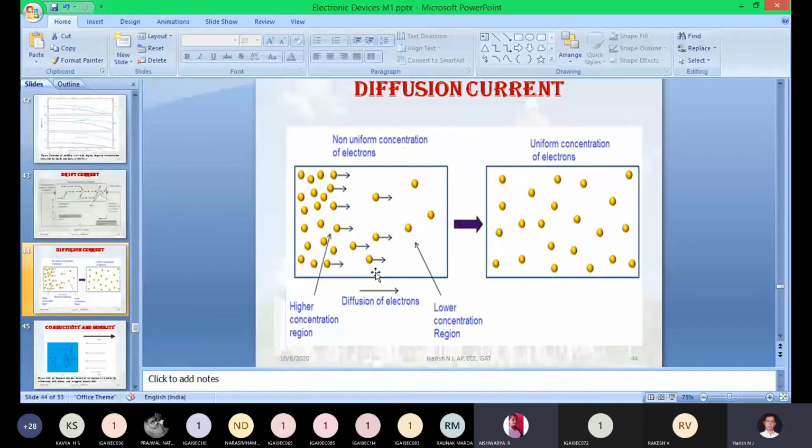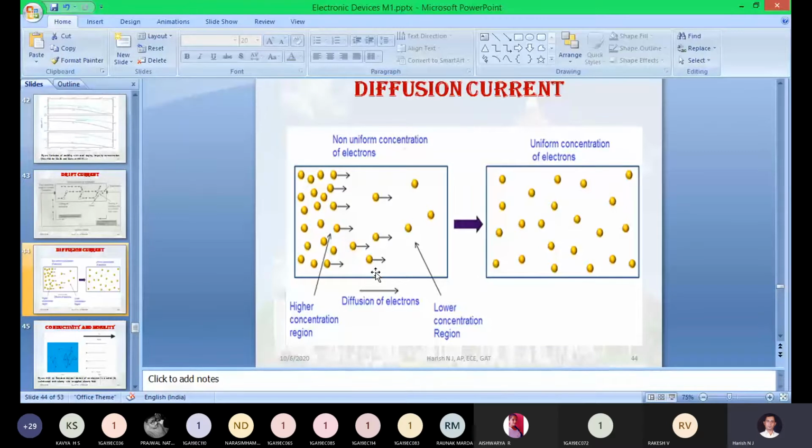Understand thoroughly. You have taken one piece of semiconducting material, and a number of electrons are there. Initially all the electrons have some energy. Just for understanding, let that speed be 10 km per hour, maintained in some random direction.